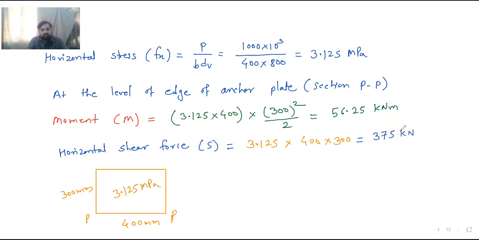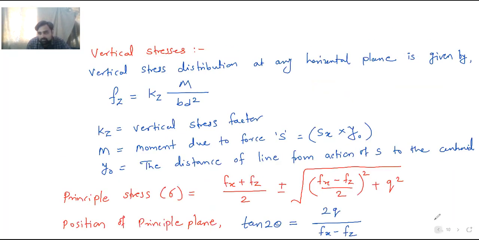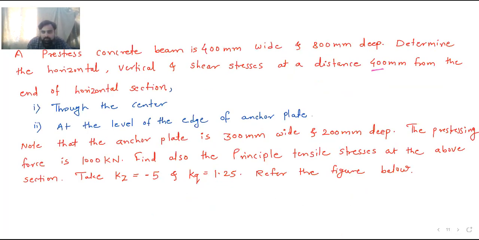This is the answer. Now we will calculate the vertical stress. So vertical stress Fz is equal to, the formula is Kz into M upon Bd square. The value of Kz is given in the numerical itself, I think. This constant value, yes, Kz is minus 5.